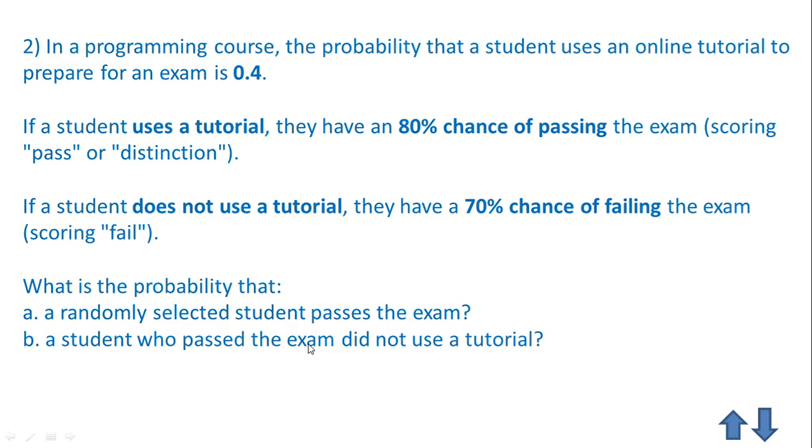Now, this number requires us to use Bayes theorem, or if you don't use Bayes theorem, you can use a probability tree. So we can start by letting T be the students using tutorial, such that probability of using tutorial is 0.4.